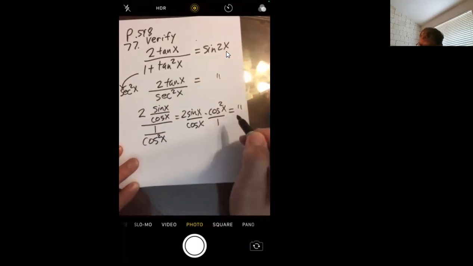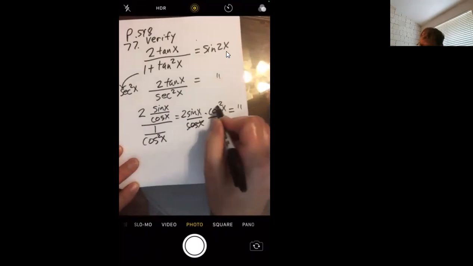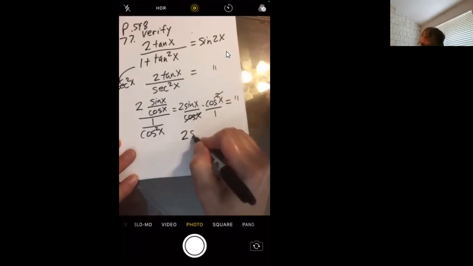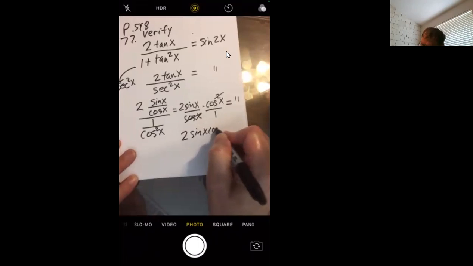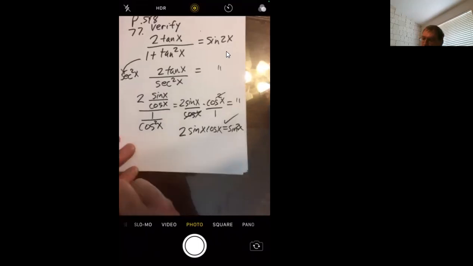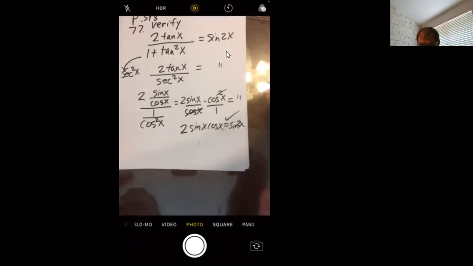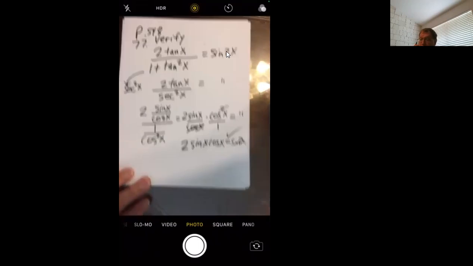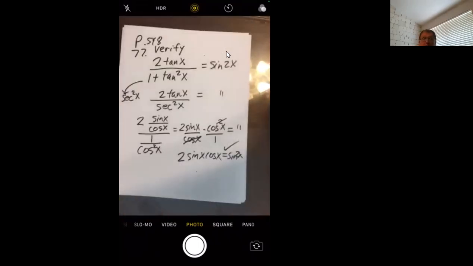Cancel that one. This gives you 2 sine of x, cosine of x. On the other side, that is the definition of sine of 2x. You could write sine of 2x equals sine of 2x, or you can stop when it's a clearly recognizable formula.